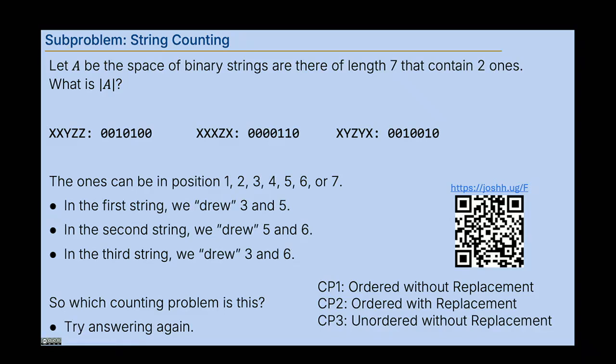But if you're typing in the URL manually for some reason, make sure you put the letter G. This is interesting.